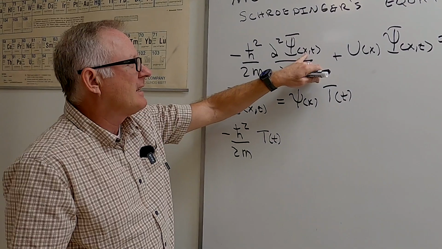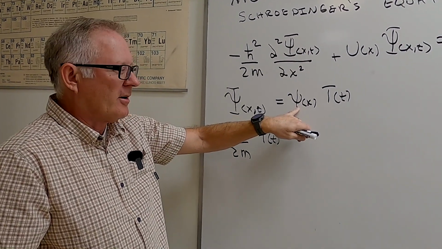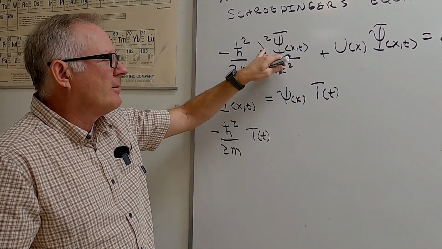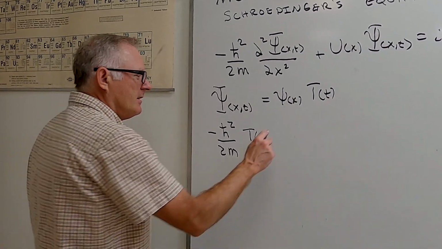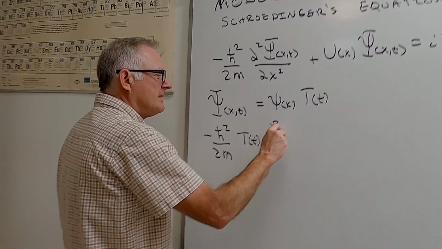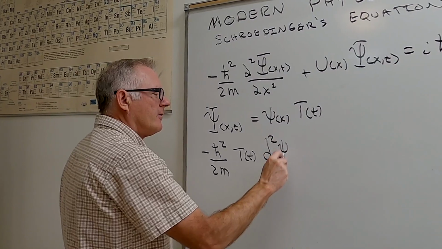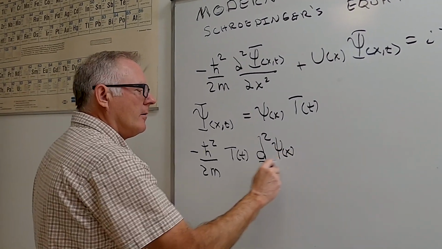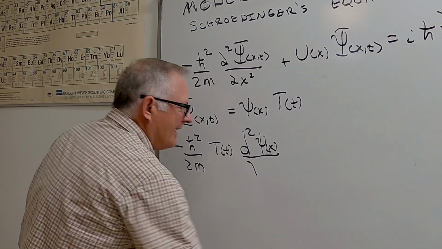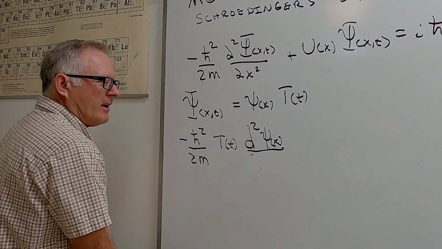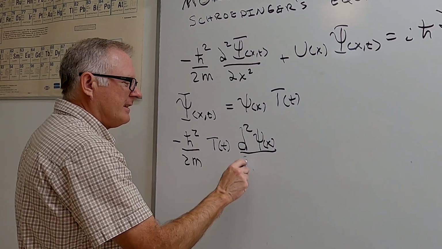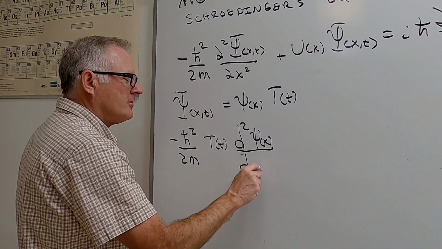The only thing left in the second derivative is that term, and I can turn the partials into total derivatives. So that just becomes the second derivative of psi of x, because it's only a function of x, and the partial and the total are exactly the same, dx squared.